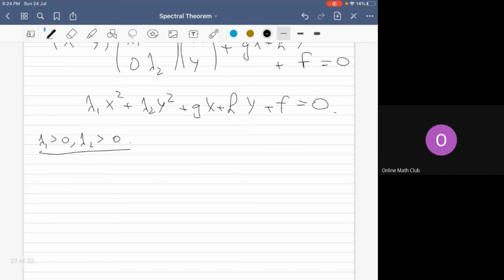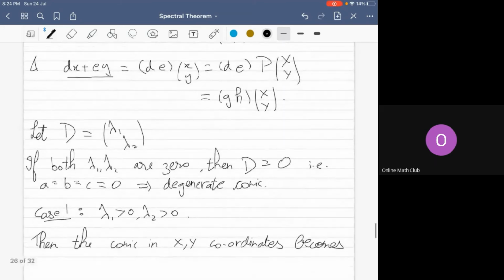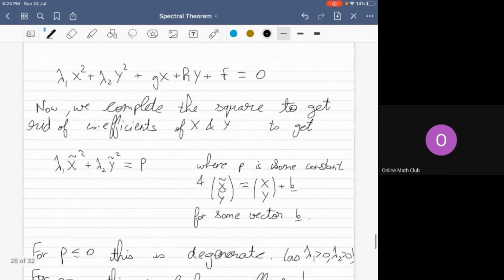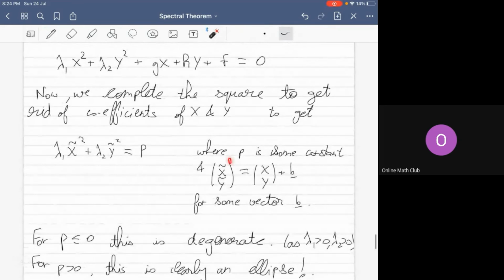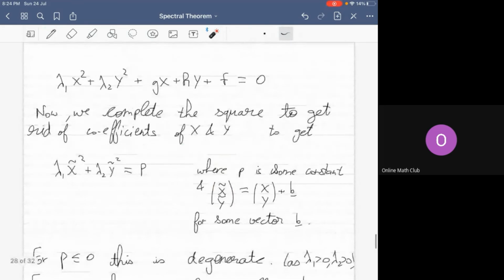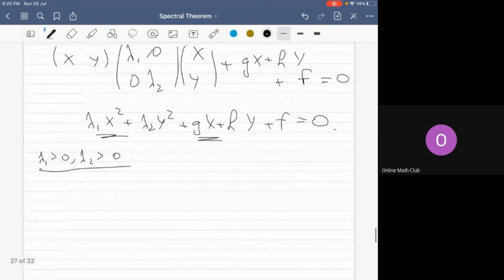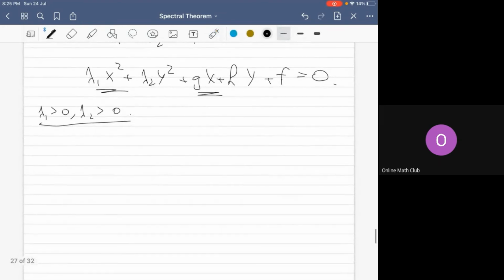In this case, we can complete the square to get some X tilde, Y tilde. Let me illustrate. So suppose, let's say we have 2 capital X squared plus 3Y squared plus 4X minus 10 is 0.